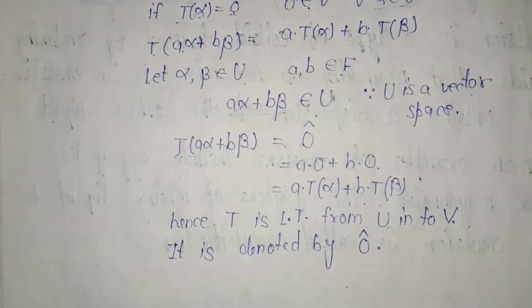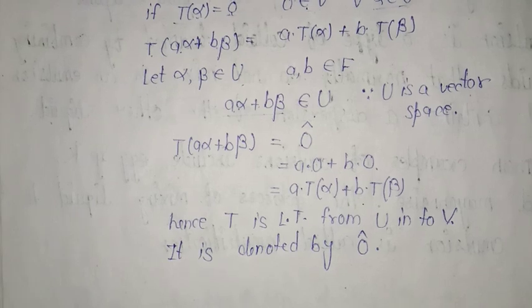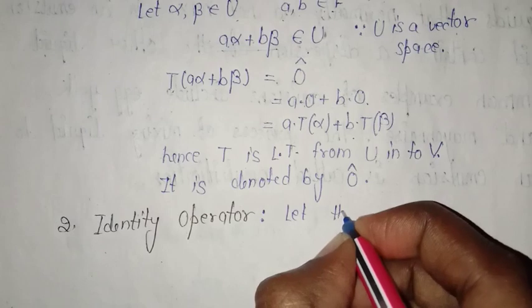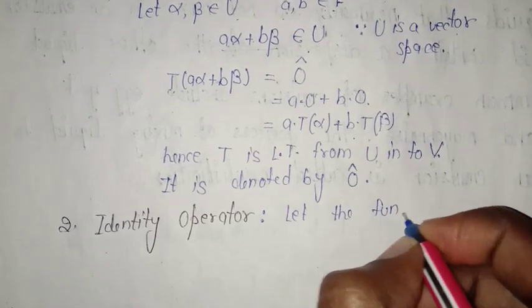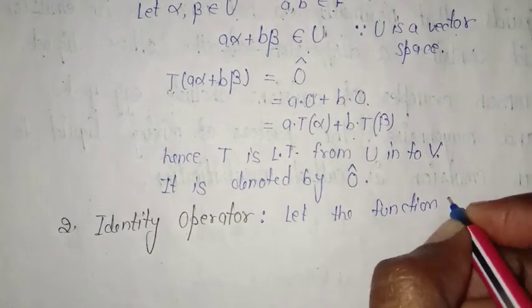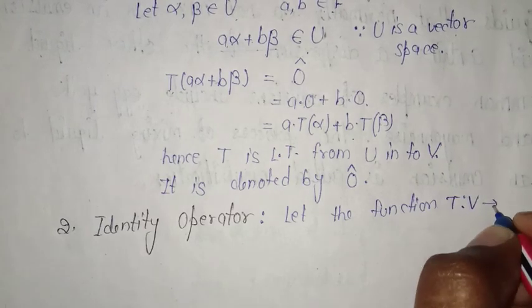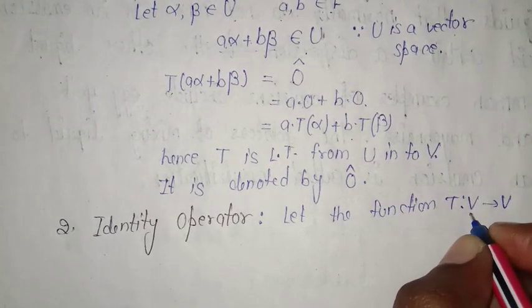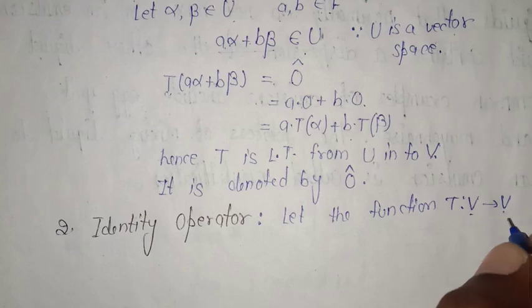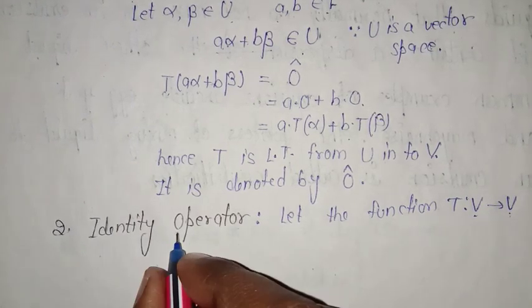Now our next transformation is the identity transformation, or we can say the identity operator, because this transformation is taken from the same vector space to the same vector space. So the definition is as follows. Let the function T from V to V be defined from the vector space V to the same vector space V. That's why we are calling it an operator.